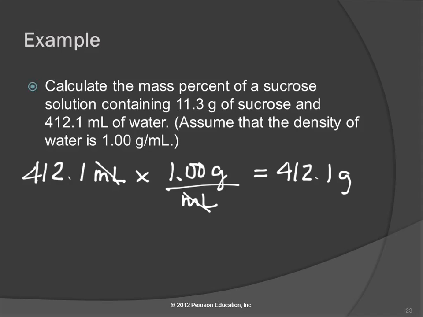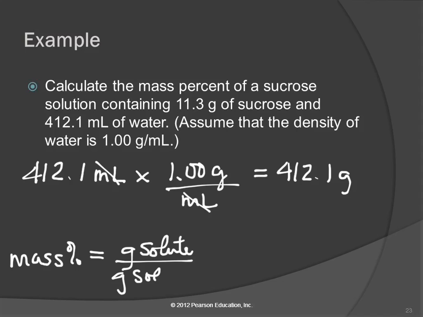We're asked for mass percent. So that's the grams of solute divided by the grams of solution times 100. What's the mass of the solute? 11.3 grams. What's the mass of the solution?